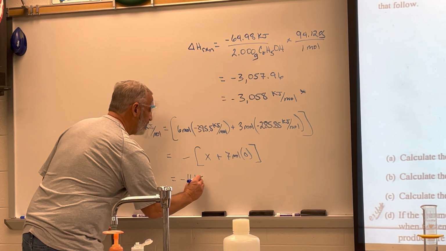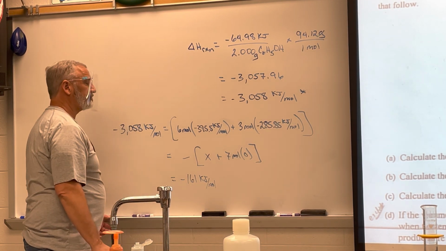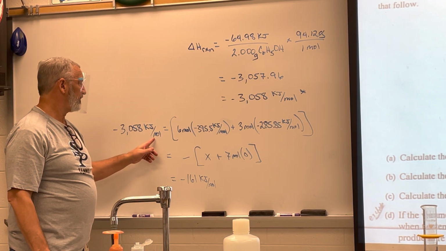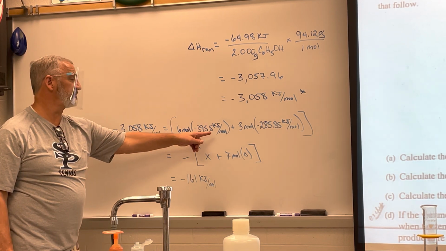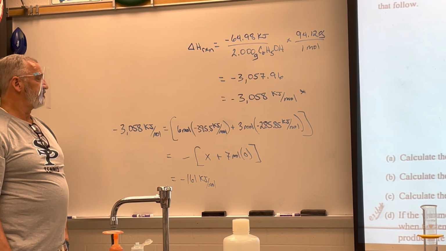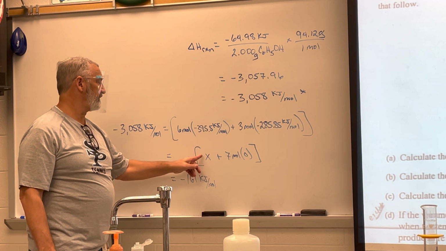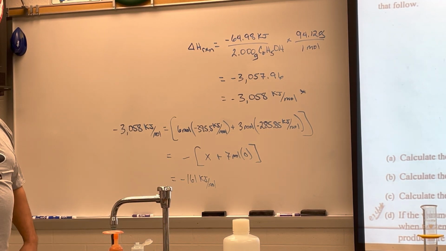Negative 161 kilojoules per mole. And the moles come from right there. This all turns out to be kilojoules, and you have 1 mole here. So the unit on delta H is always kilojoules per mole.